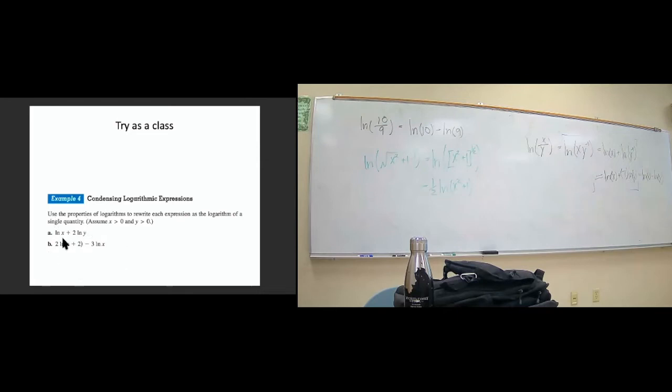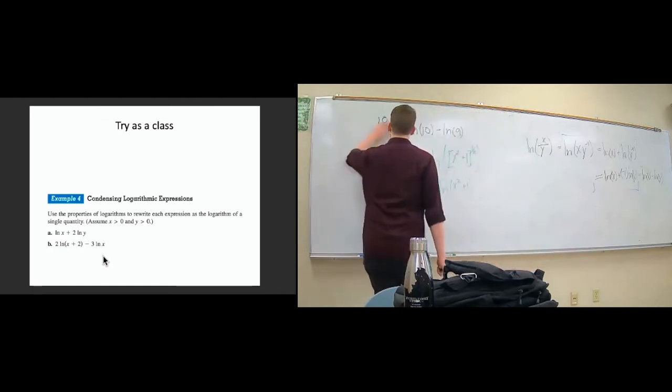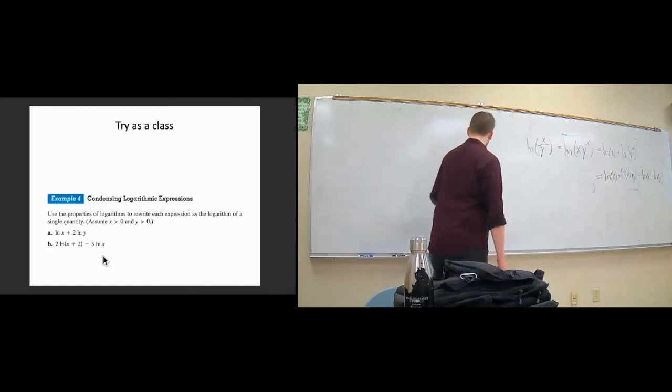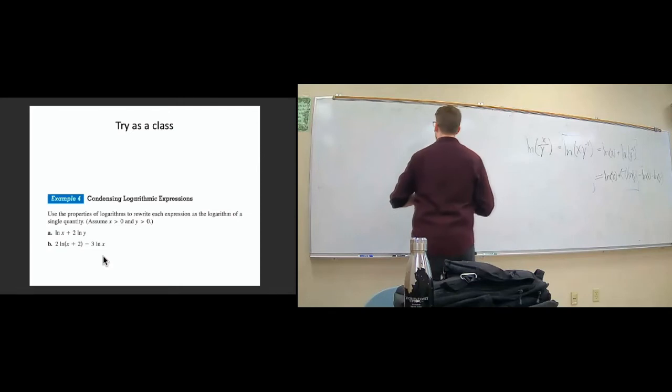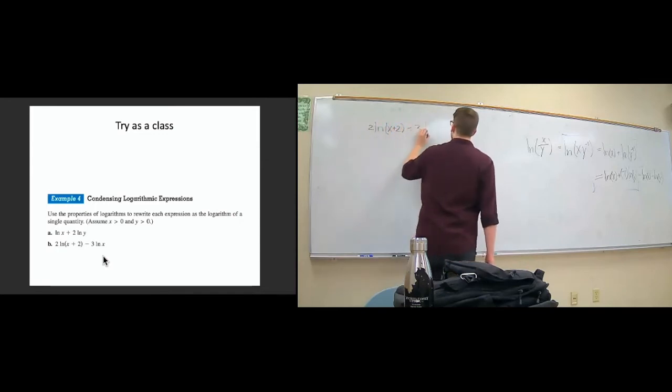What if we wanted to go in the reverse direction? We could. So looking really quickly then at B, we've got 2 times the ln of x plus 2 minus 3 times the ln of x.